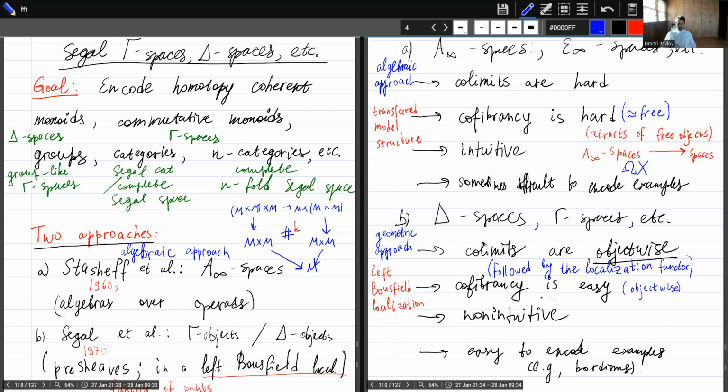And in the geometric setting, they are also computed on the level of underlying presheaves. So again, limits are object-wise. This time there is no need to apply the localization functor because limits of local objects will again be local. So limits in both cases are easy, and that's why I concentrated the review on comparison of colimits. So limits are typically just straightforward.